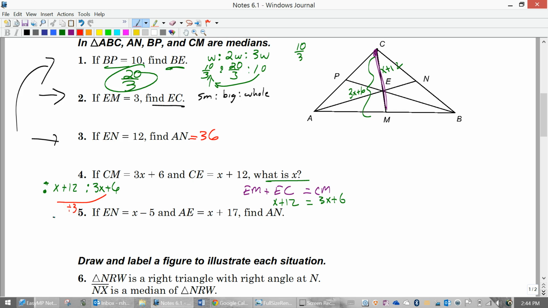So what's 3x plus 6 divided by 3? x plus 2. And that'll give us an equation we can solve. Does that make sense? So we would get 2x plus 14 equals 3x plus 6. And then we can solve that and you get x is 8.